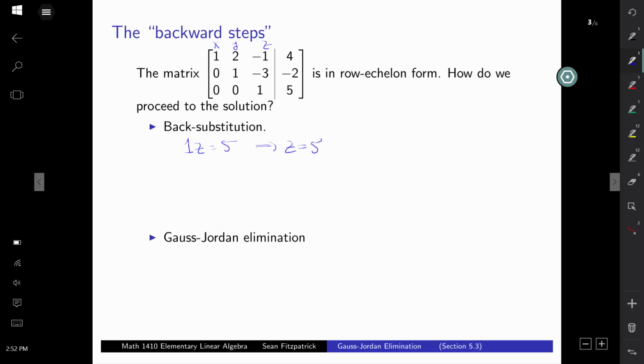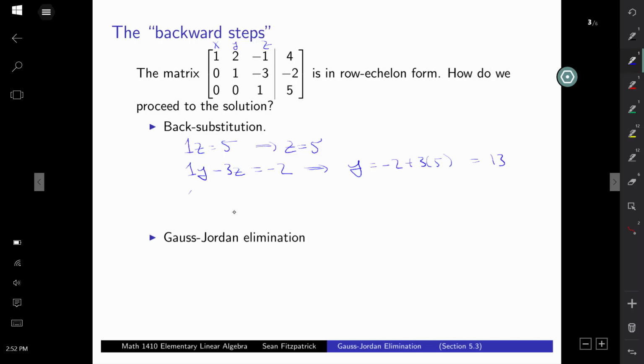Now we know what Z should be, so we look at the next row. The next row says 1Y minus 3Z equals minus 2. Well, that means that Y is minus 2 plus 3 times Z, which is 5. So Y has to be 13.